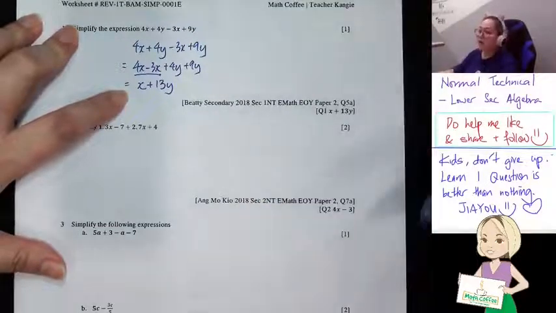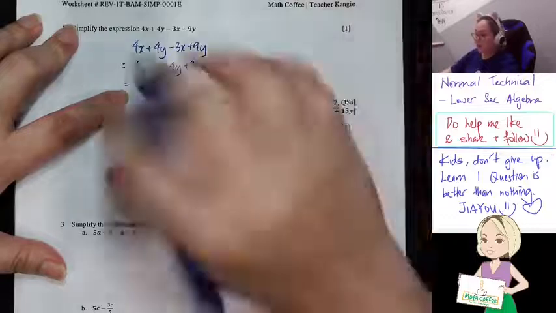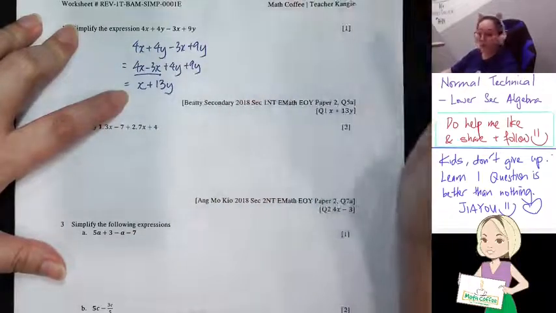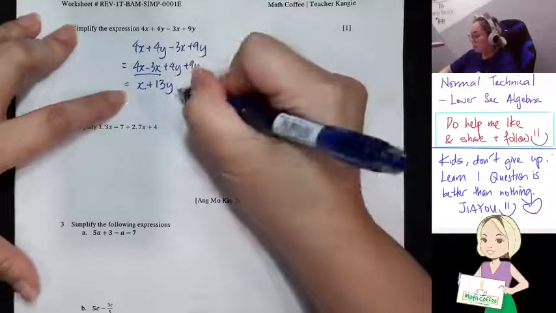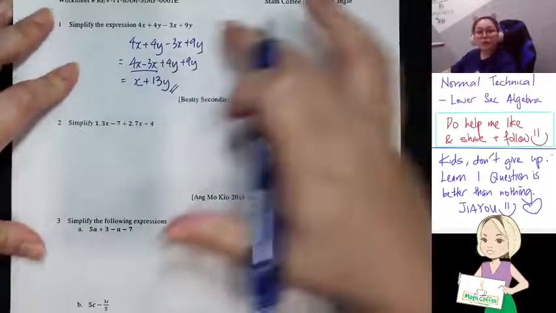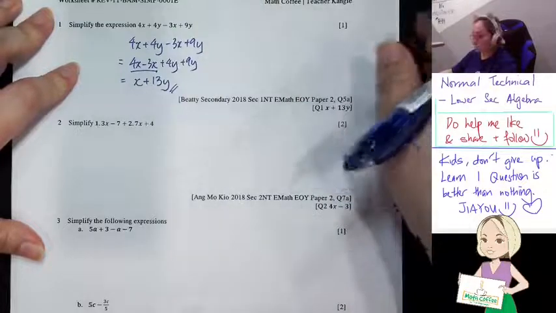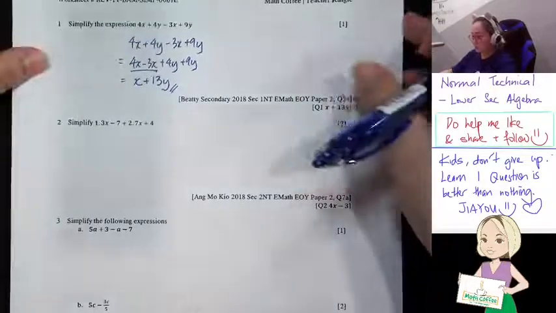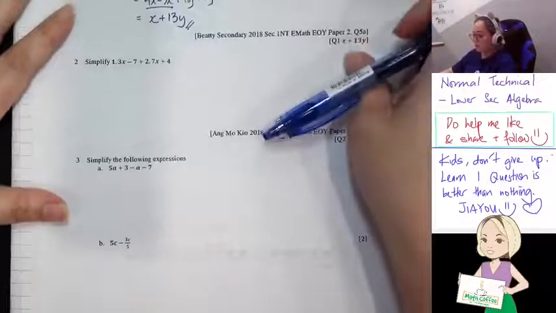It's like, I have 1 apple and 13 oranges, and you cannot add them together. It's not fruit juice. So this is the final answer. This is grouping the like terms together. Okay, let's move on to the next.